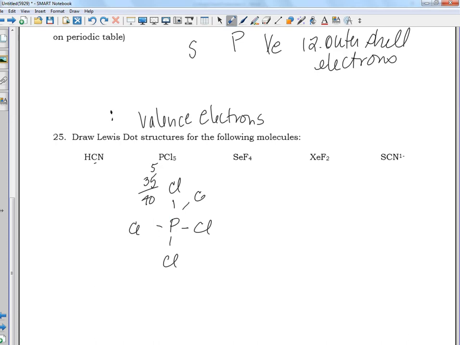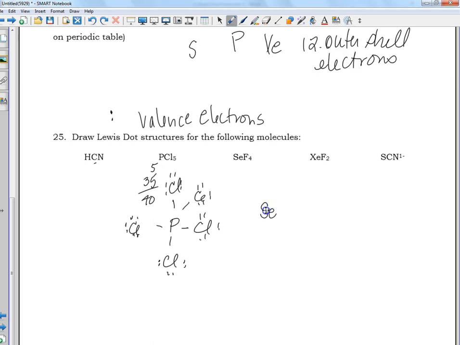We've used 10 electrons, so we have 30 more to go: 1, 2, 3, up to 30. So all told, we have 40 electrons. This is the Lewis dot structure for phosphorus pentachloride. We'll talk about what shape that is in a little bit.